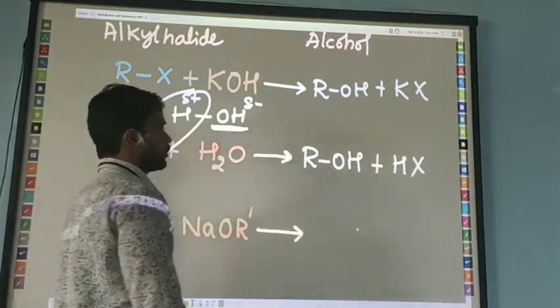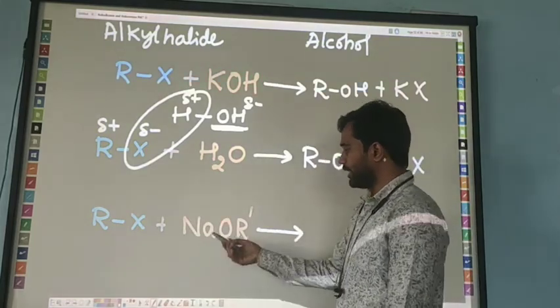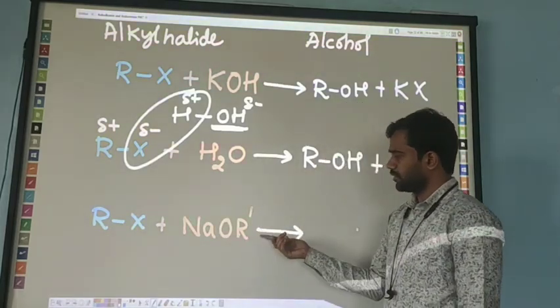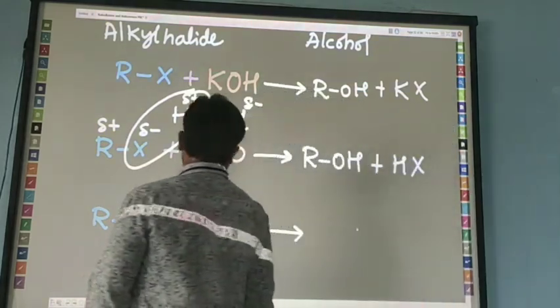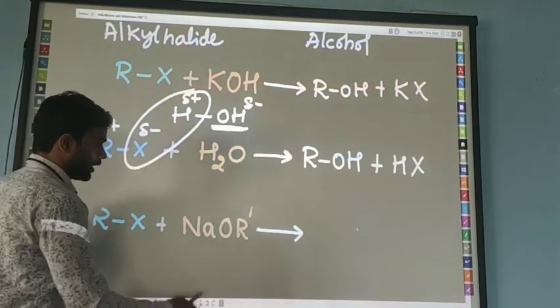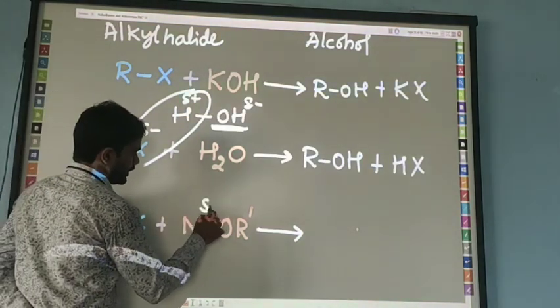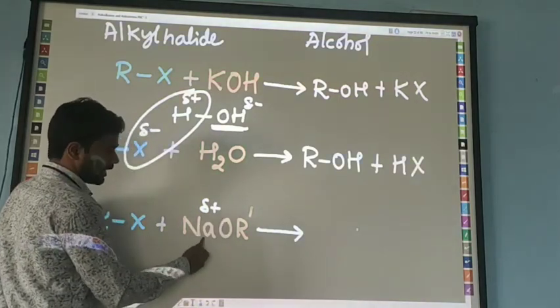Let's see the next one. When alkyl halide reacts with the sodium substituted substance, what is going to generate? First of all, we have to find out which one is the nucleophile here. Let me name this delta plus. It's going to be our Na plus. You know it is an alkyl metal.